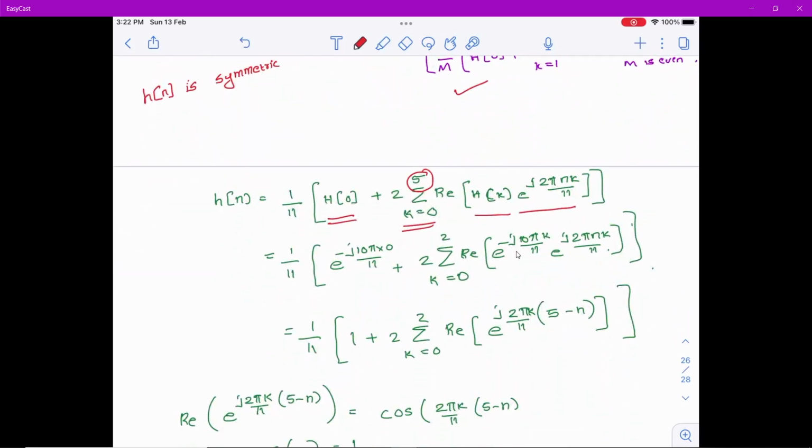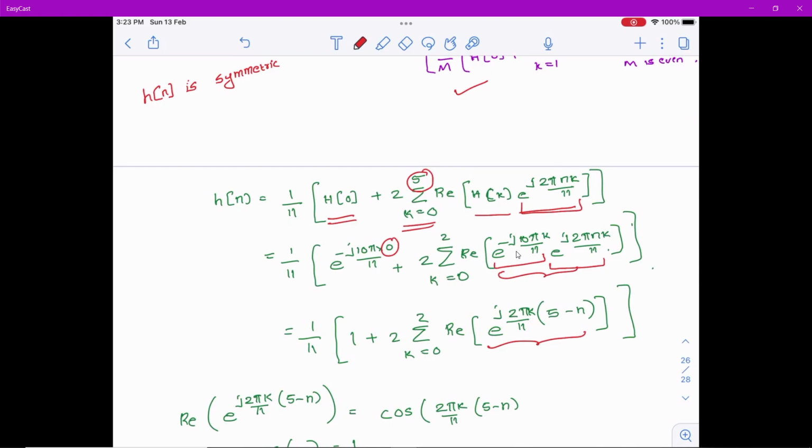Now h of 0 means you substitute k equal to 0 in h of k, and you will get the value. h of k in general is e raised to minus j 2 pi k by m into 5, e raised to minus j 10 pi k by n, multiplied by your twiddle factor. So if you just combine these two, you'll get this.